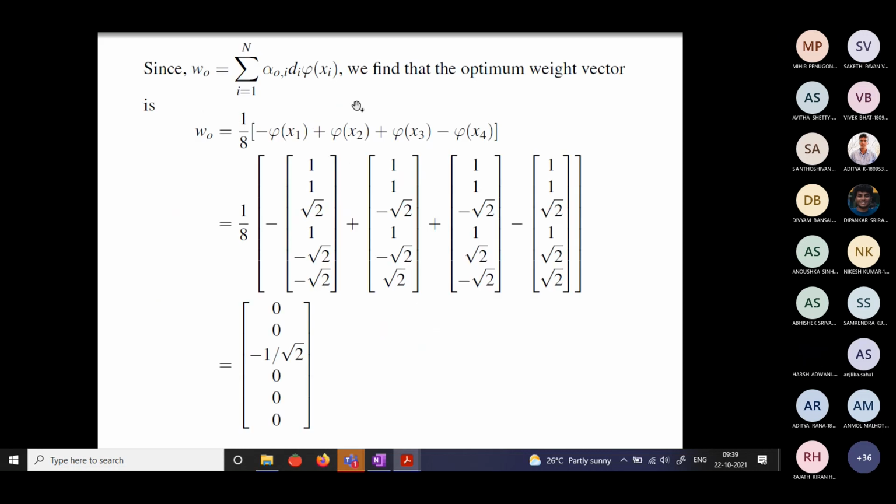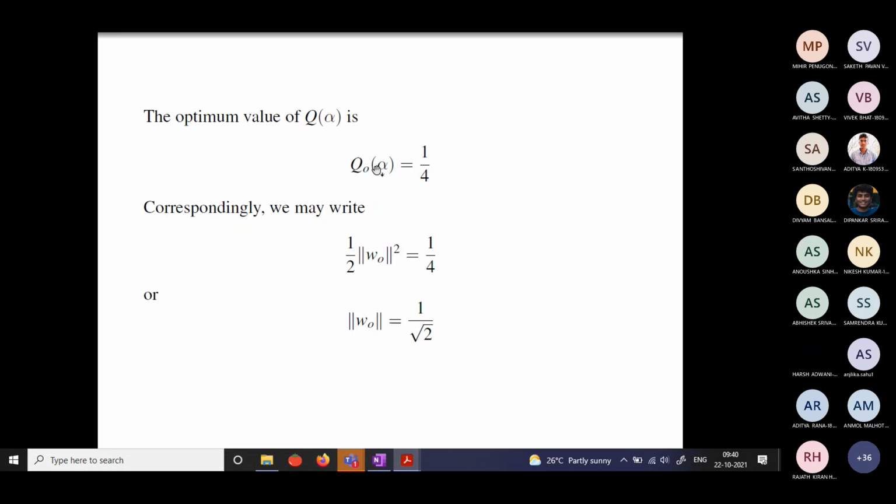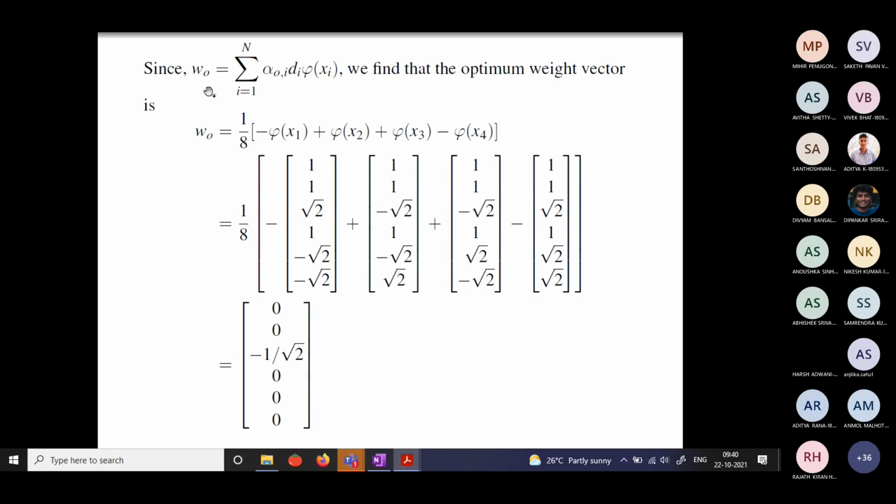And because we know that W naught is given by the sum of alpha naught i, that is the optimal value, di phi i.